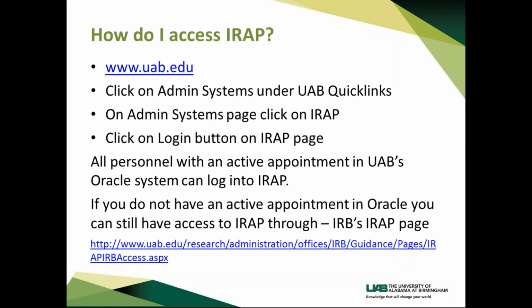All right. So I guess we'll start with how do you access the system? The easiest way to access it is to go to the UAB homepage, and just because technology is always challenging, I just have instructions here. I'm not going to walk through the steps. But on the UAB homepage, up at the top right-hand side, there's UAB quick links.